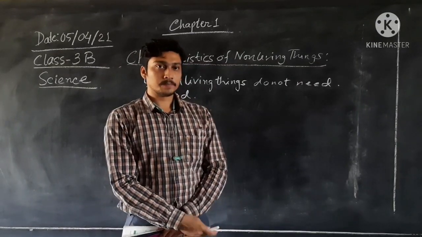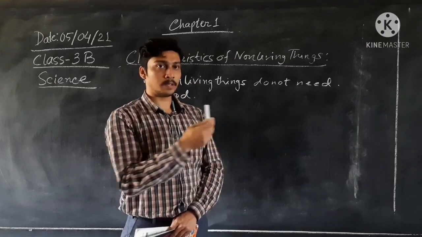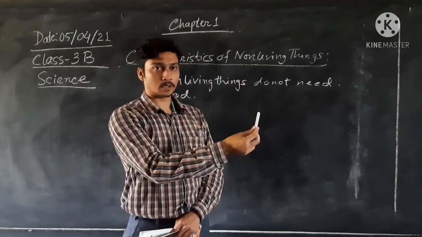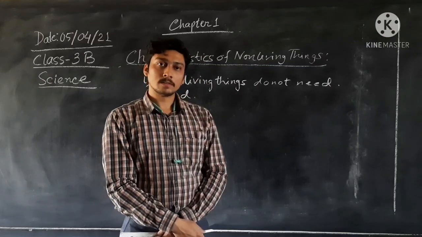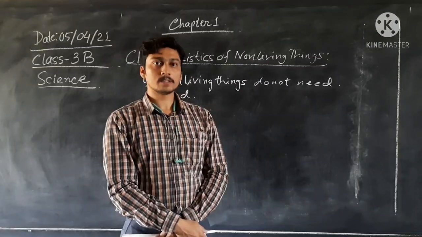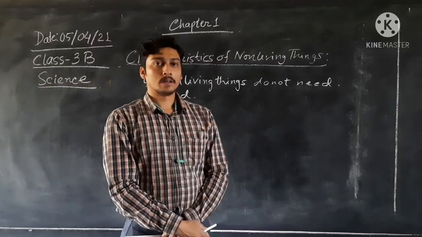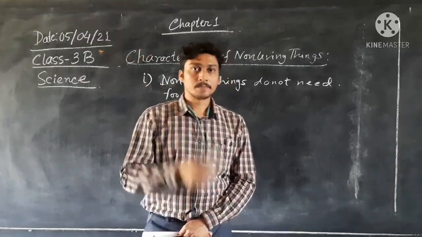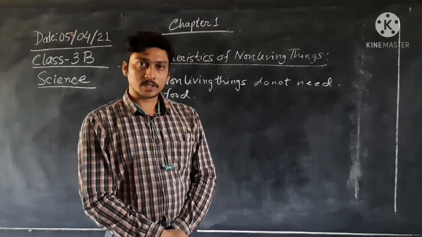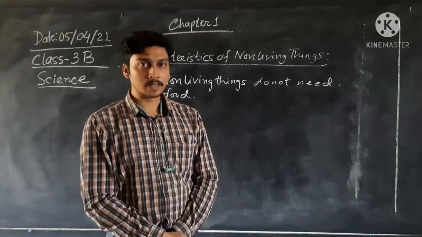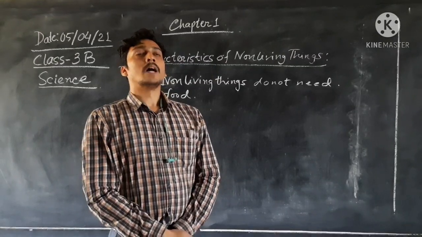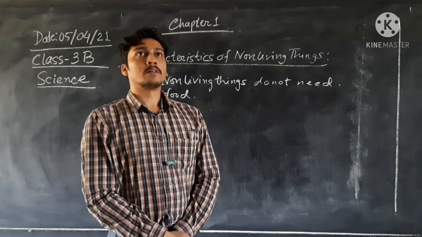We have considered two examples, suppose I and this chalk. Living things breathe. I am a living thing. I can breathe. I breathe in oxygen and breathe out carbon dioxide.